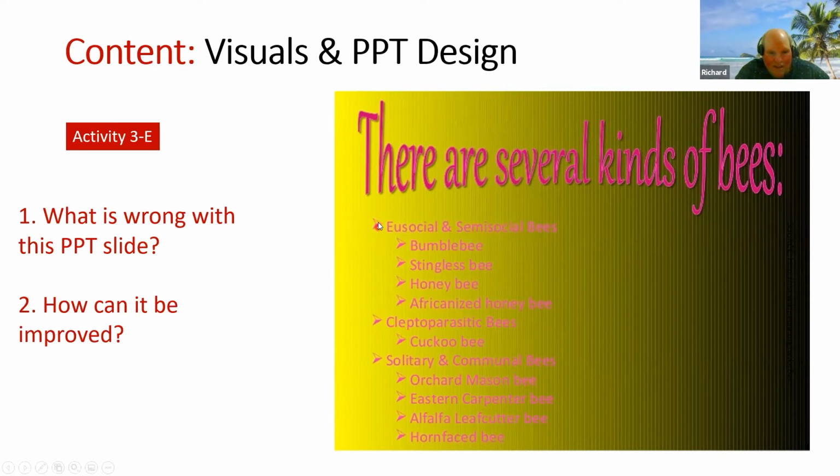So this bullet point image is confusing because they're all the same, whereas you need to emphasize the group name or the title here, the subtitle, and the same with this one here. So then you can clearly identify all of these different types of bees under that group.